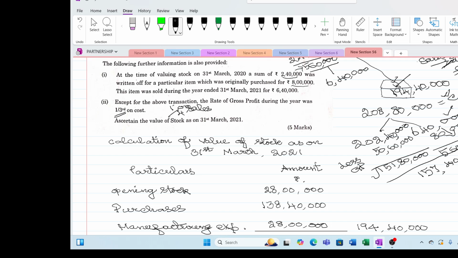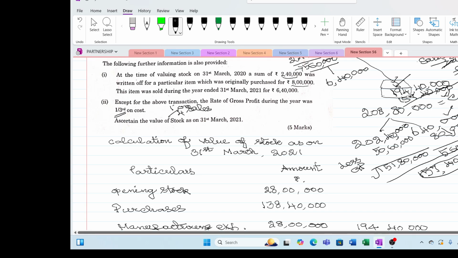So now we know that this much cost of goods were sent out of the business. So we were already having 194 lakh 40,000. Out of that, 1 crore 57 lakh 40,000 were sent out. So what is remaining? That is your closing stock. Very simple. If you understand this concept, you will be able to do it.